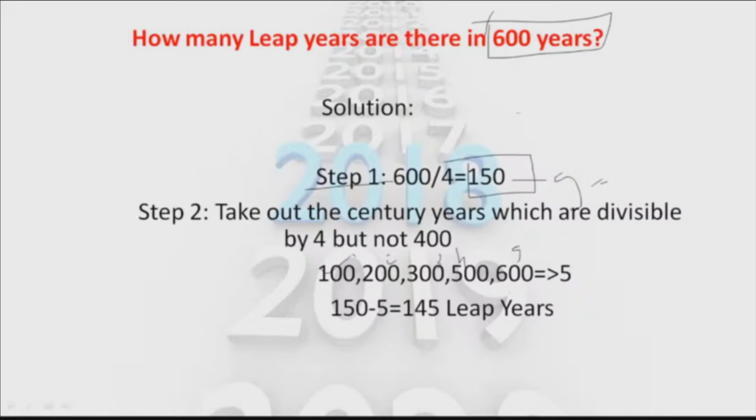Okay, nice. So you have 800 years by 4, so you get 200.